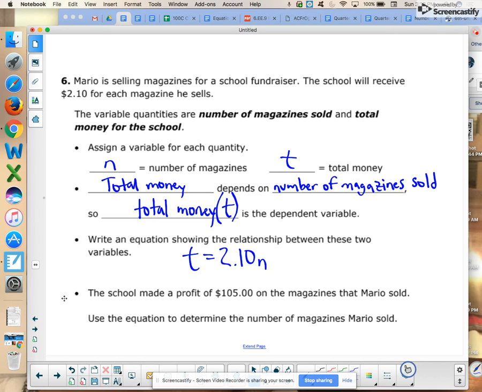Okay, the school made a profit of $105 on the magazines that Mario sold. So now we're going to use the equation to determine the number of magazines that Mario sold by plugging in what we know. This one's different from the last one because now, instead of knowing N, we know T. Go ahead and substitute 105 in for T.